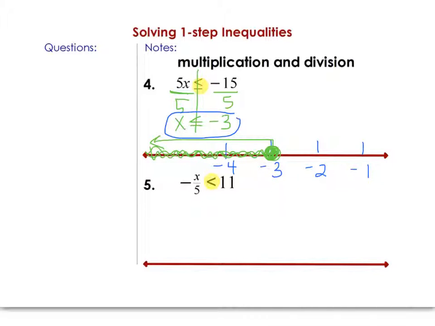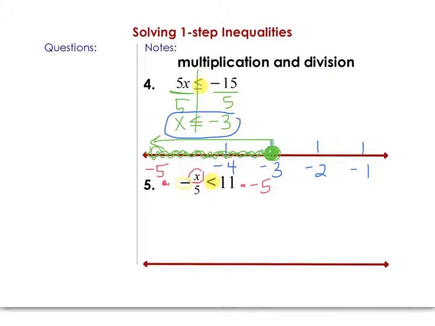Let's take a look at this one, number 5. Negative x over 5 is less than 11. Well, to get my x alone, I need to multiply both sides by -5. And you say, Miss R, why negative? See this negative right here?